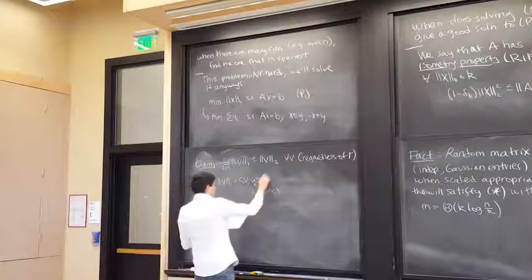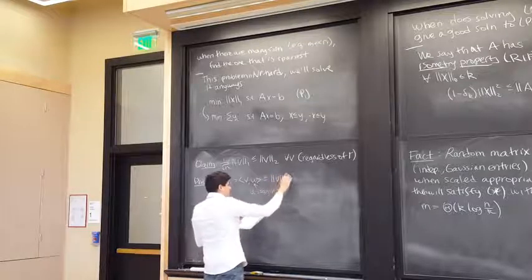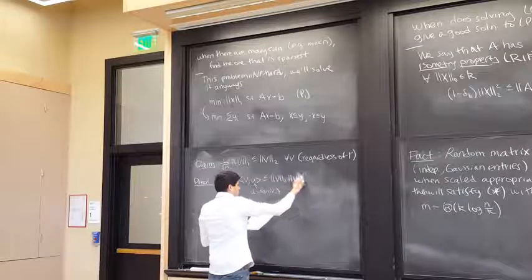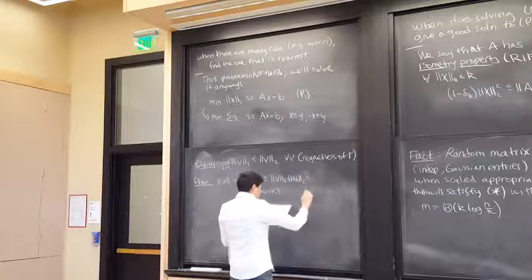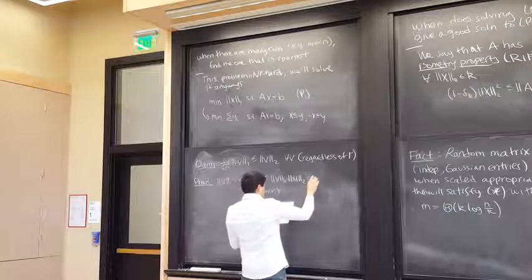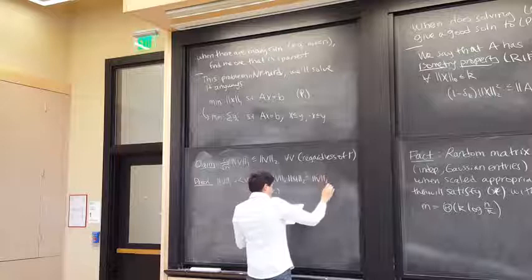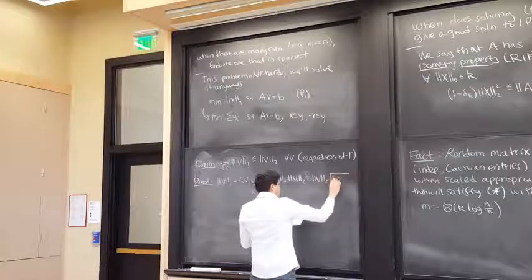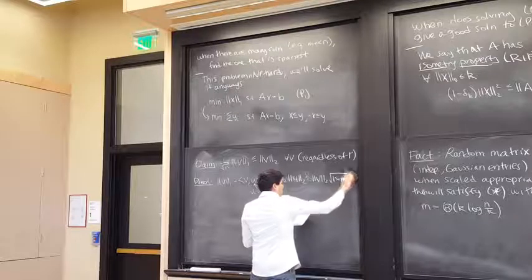So this quantity here, then, just by Cauchy-Schwarz, is bounded by the 2 norm of v times the 2 norm of u, which itself is actually equal to the 2 norm of v times the square root of the size of the support of v.